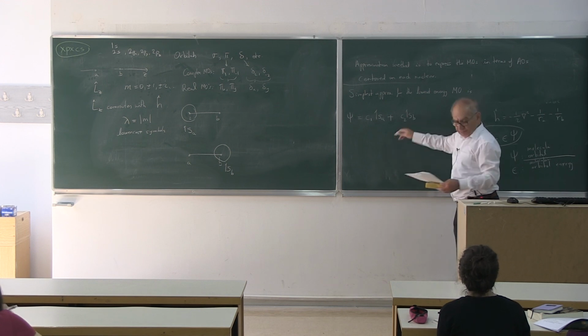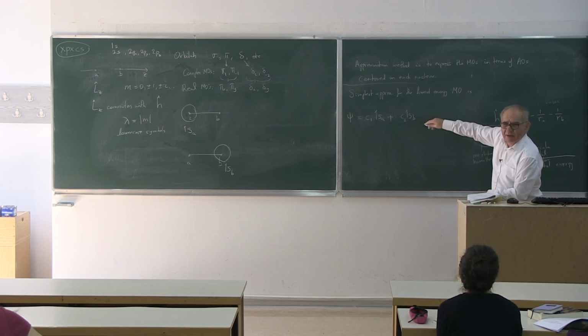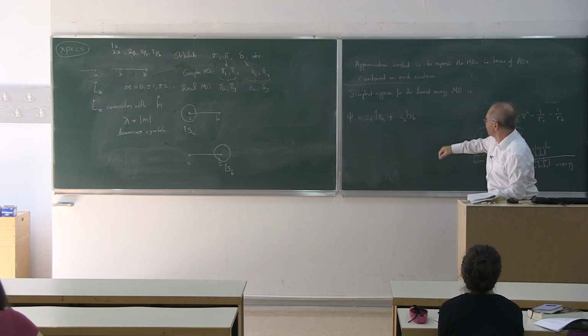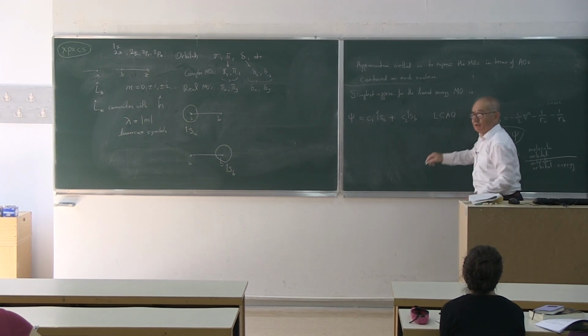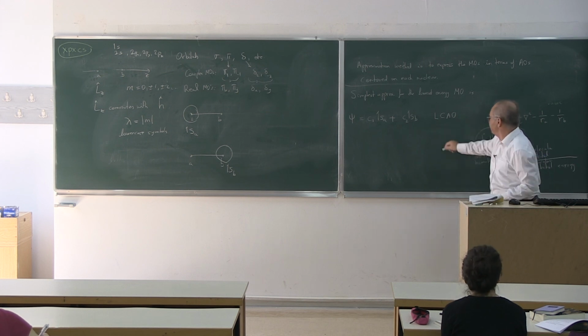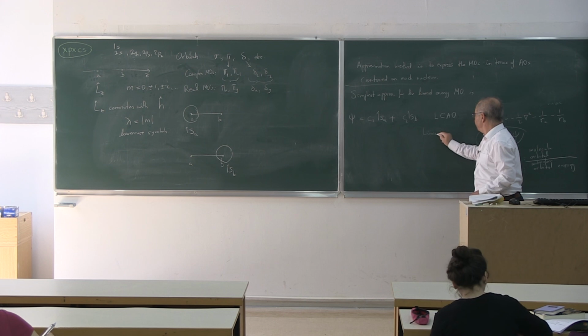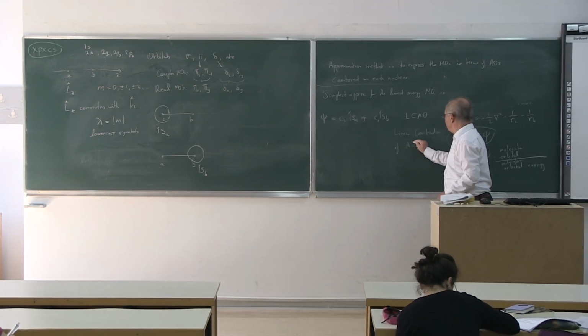Such expressions, which mean a coefficient times an atomic orbital plus another coefficient times another atomic orbital, are called linear combination of atomic orbitals, or LCAO for short.